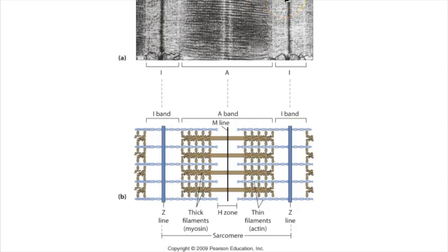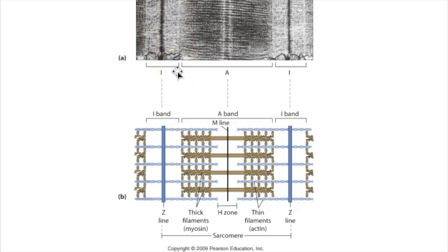Now let's think about what makes these bands. The A bands are formed where the thick filaments and the thin filaments overlap each other. That's what gives it its darker color. In comparison, the I bands are formed where only thin filaments are present, and that's what gives it the lighter color.